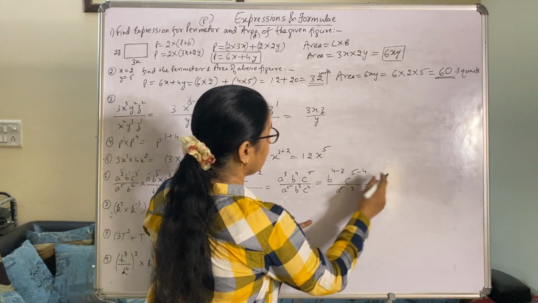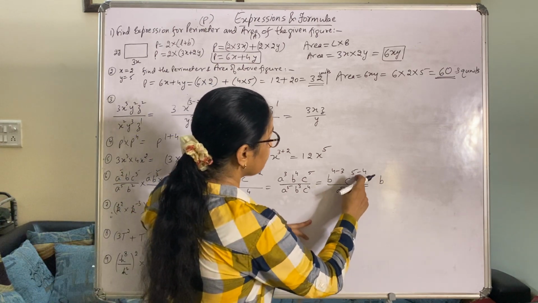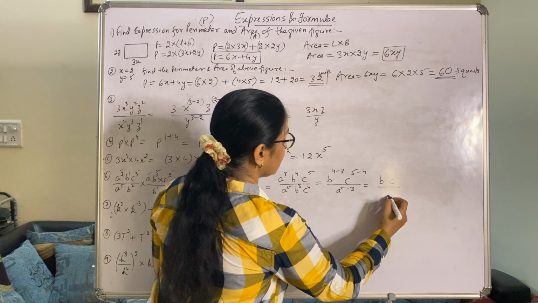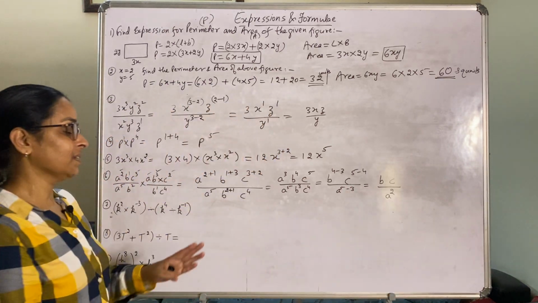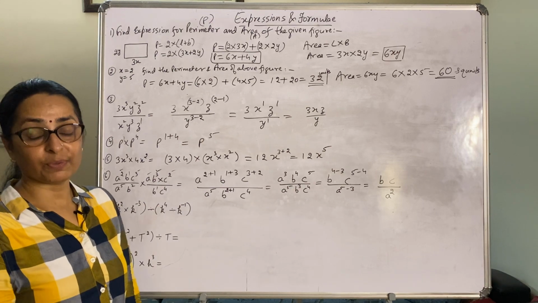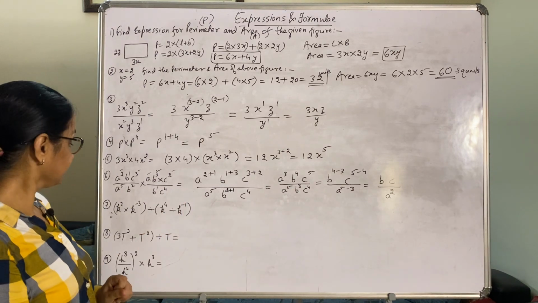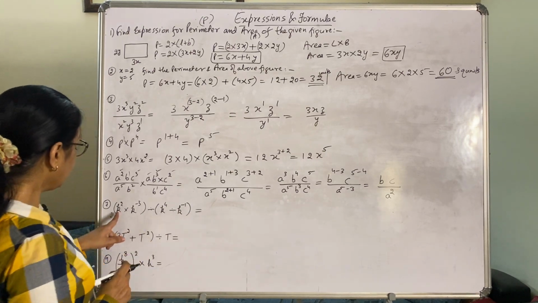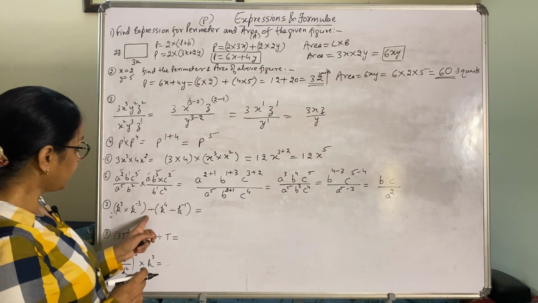So it would be b, 4 minus 3 is 1, so we do not write power 1, and c raised to 5 minus 4 is also 1, so it is bc over a raised to 5 minus 3, so bc over a square would be our answer for this particular expression. Clear?